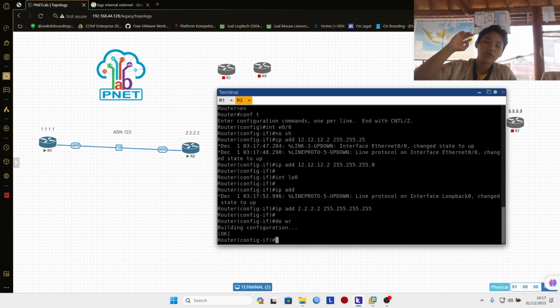First thing first, to make the loopback become the gateway, we make the routing protocol first.